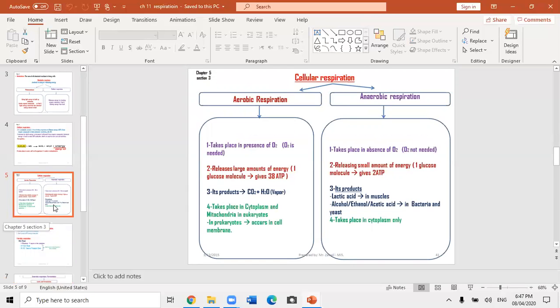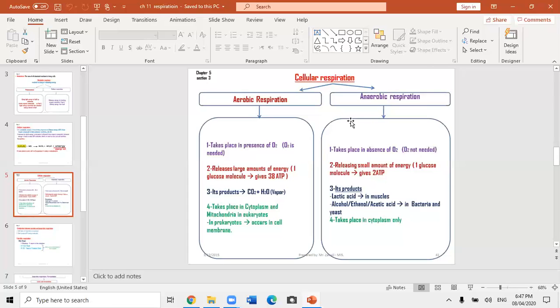Now, we can divide cellular respiration into two parts, aerobic respiration and anaerobic respiration. You should be able to differentiate between both, and for simple differentiation, we can say that aerobic takes place in the presence of oxygen, so oxygen is needed.